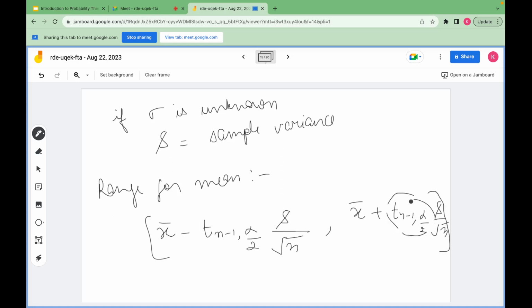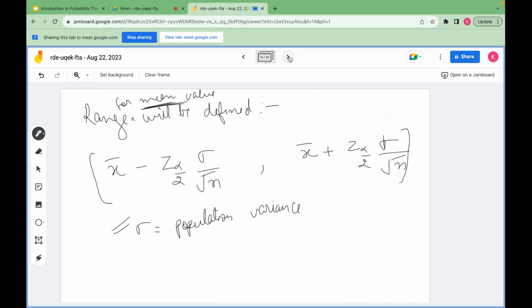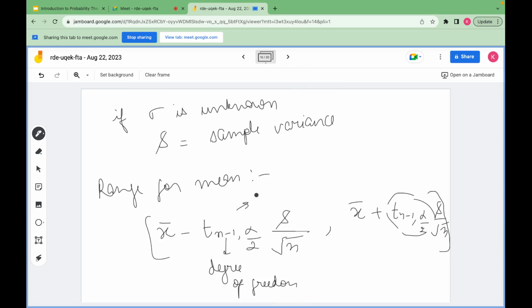This is the t statistic. We have tables for finding these values given n minus 1 and alpha by 2. Here n minus 1 is the degree of freedom. Earlier, z was normally distributed. Here t denotes the t distribution.